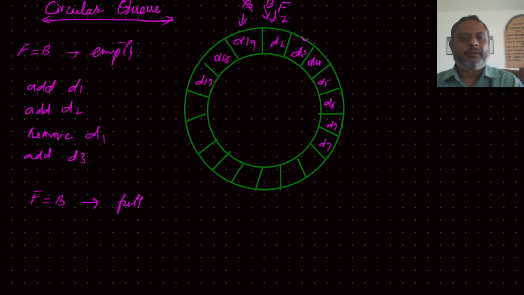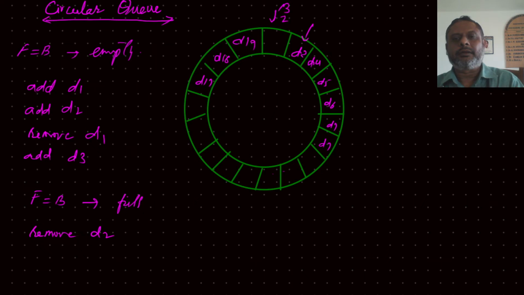This can be resolved if you remove D2. Then this space becomes free, this is no more the front, so this becomes the front.